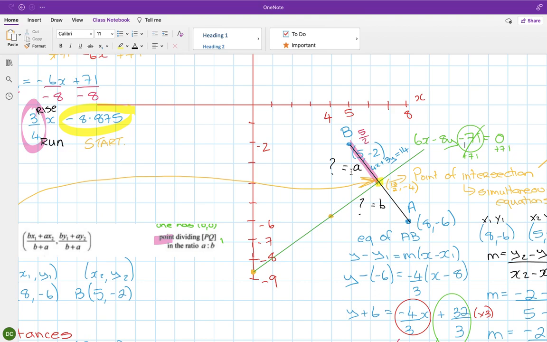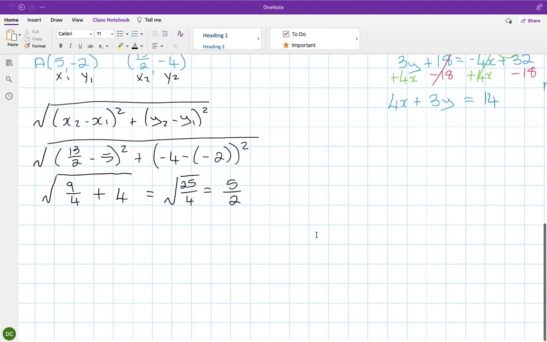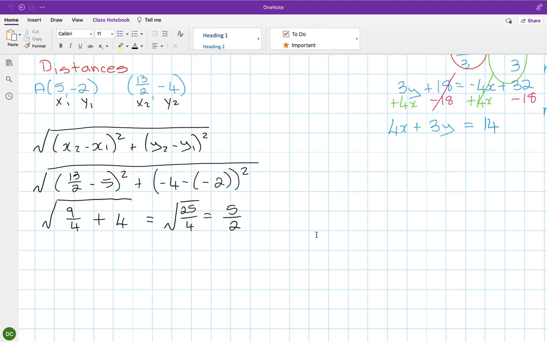So then the other one, so I'm going to do this bit now. Yeah? So that is 8, minus 6, and then the other point again. So nearly there, I think, I hope. So B is 8, minus 6, and then that point again, 13 over 2, minus 4.